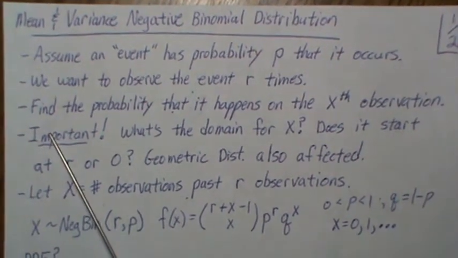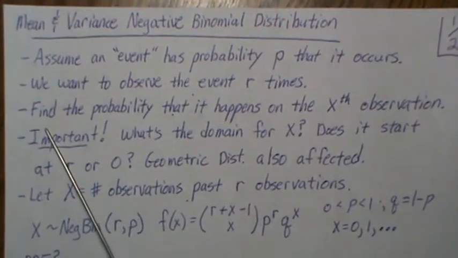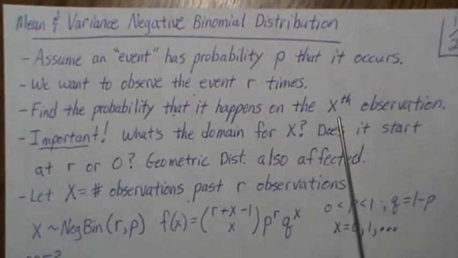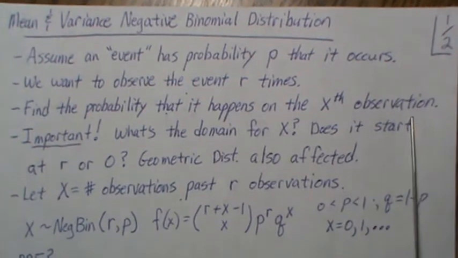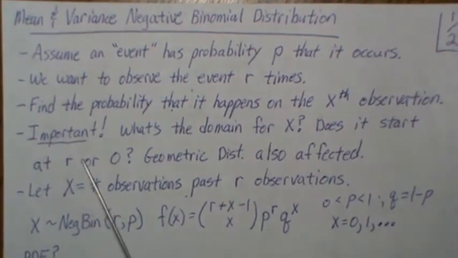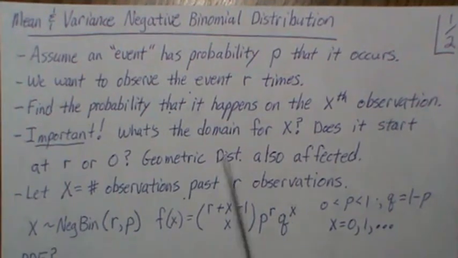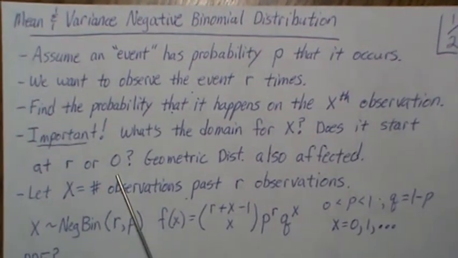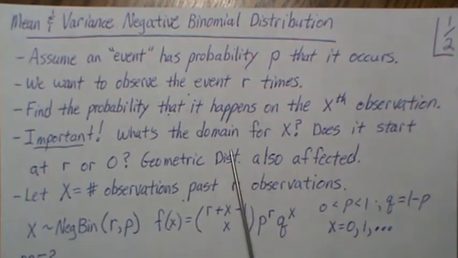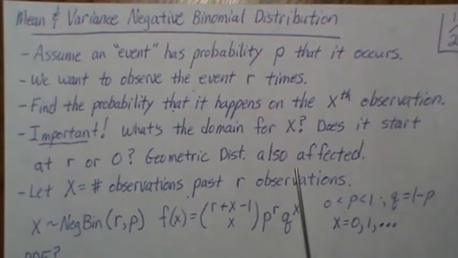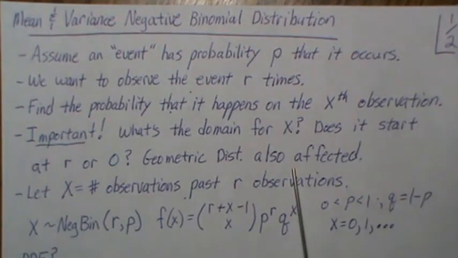In the negative binomial distribution, the goal is to find the probability that it will happen on the X observation. Now, very important is what is the domain for X? Does it start at R or does it start at 0? This also affects the geometric distribution, because it's a negative binomial distribution when R is equal to 1.